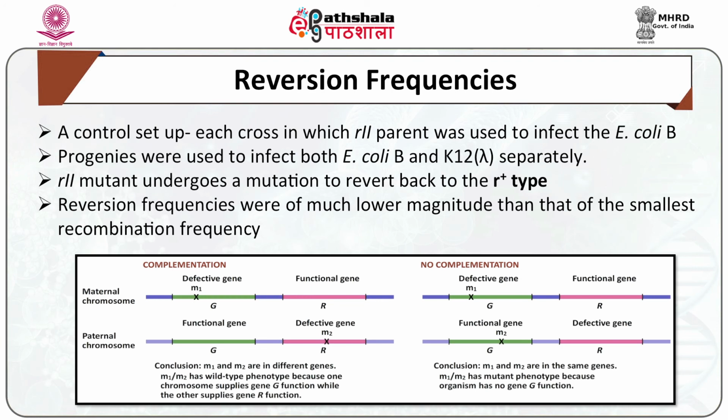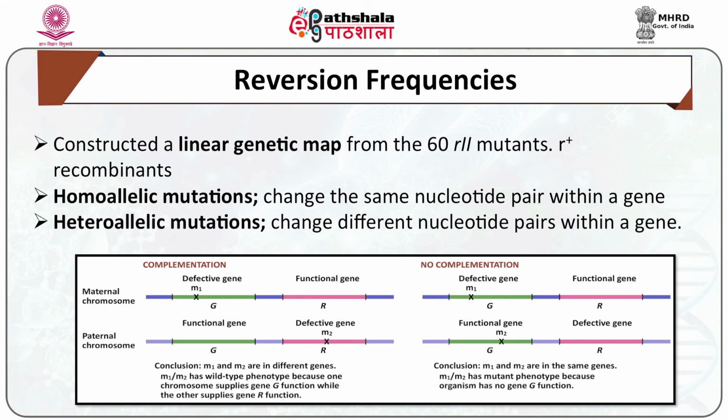Benzer concluded that the reversion frequencies were of a much lower magnitude than that of the smallest recombination frequency. He constructed a linear genetic map from the recombination data obtained from the 60 r2 mutants. r-positive recombinants were not obtained from certain crosses, which revealed that these pairs carried the mutations at exactly the same site.